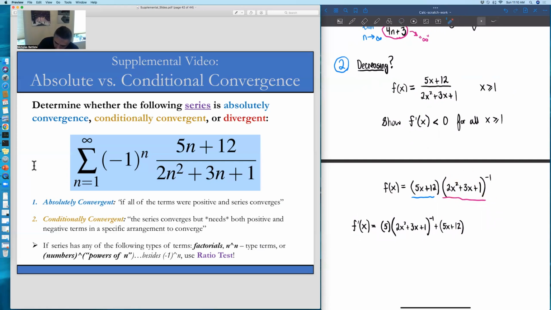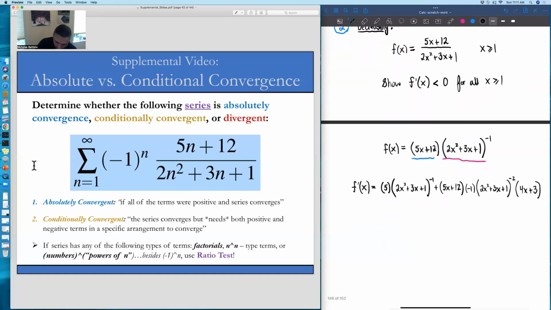This whole quantity is raised to the minus 1 power, so we can do a power rule-like differentiation first. Bring the minus 1 down, and then we have the original 2x squared plus 3x plus 1. Instead of being raised to the minus 1 power, we subtract 1, just like a power rule, so we have minus 2. Then we differentiate the inside through the chain rule. The derivative of the inside here is 4x plus 3.